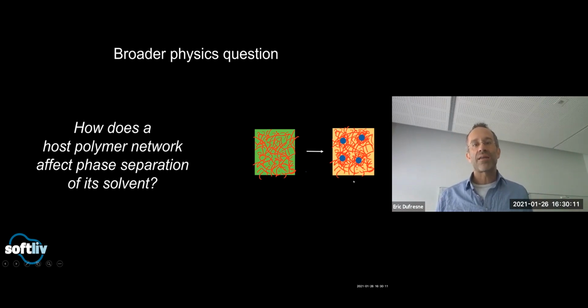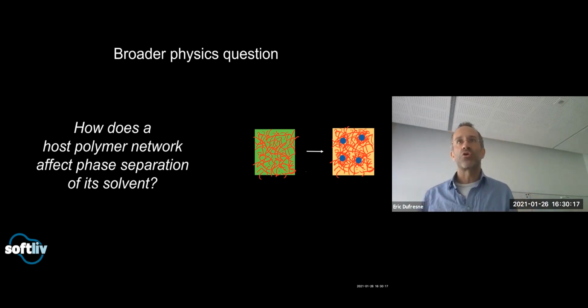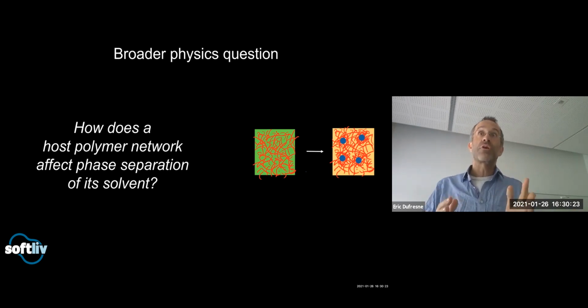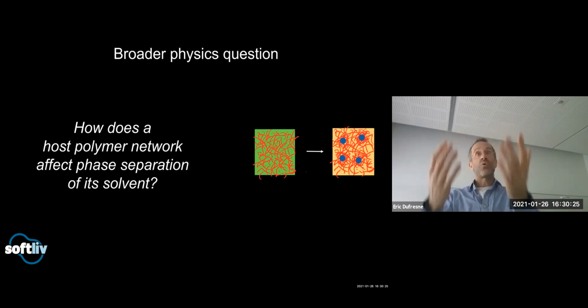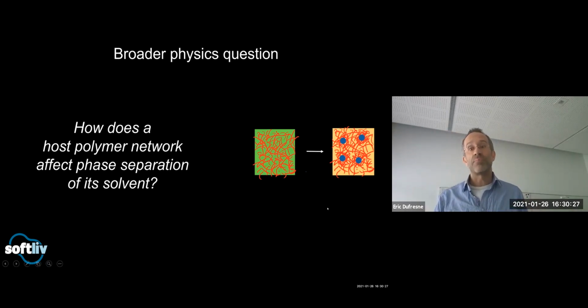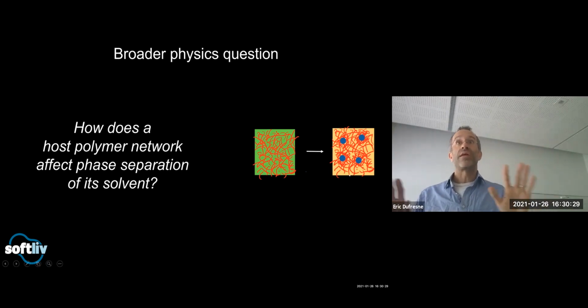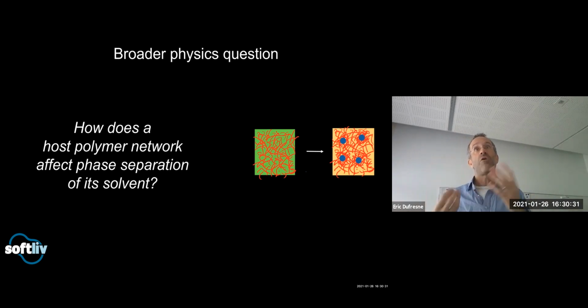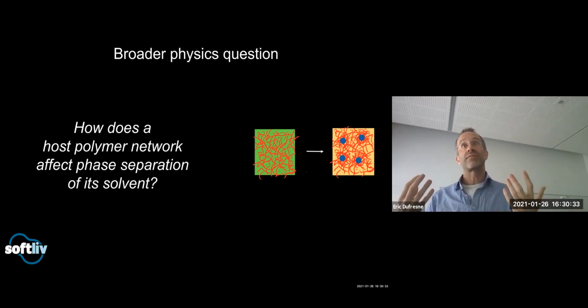It's schematically shown on the right. So I have a red polymer network, and it is swollen by a green solvent. Now, that green solvent, interestingly, is not a one component solvent, it's a two component solvent. And so now if I quench my system so that the blue and the yellow that make green want to phase separate, they now have to deal with the polymer network as they grow.